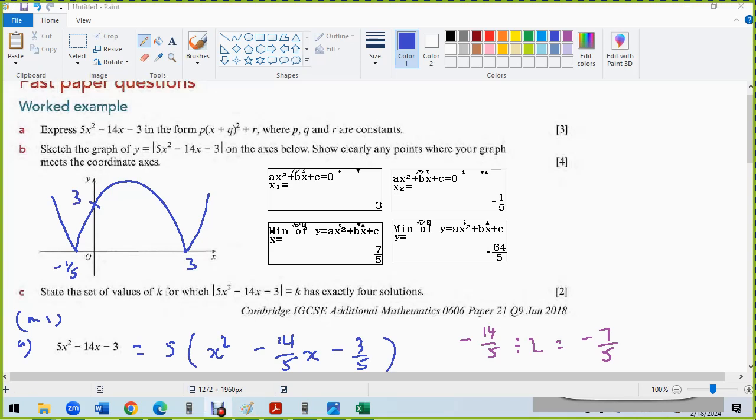For part C, state the set of values of k for which this has exactly 4 solutions.